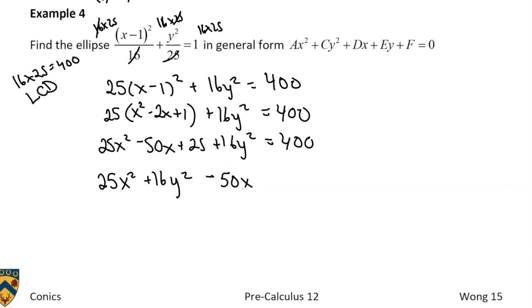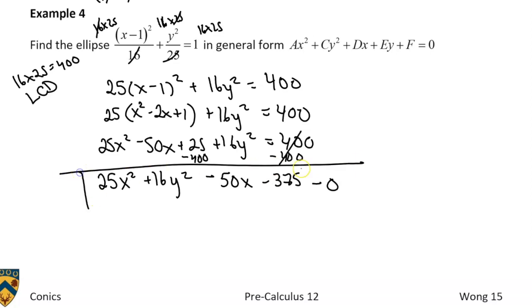There are no y's, but you could subtract over the 400. And if you minus 400 and you join it with the 25 right there, you would get negative 375. And something like that would be your general form.